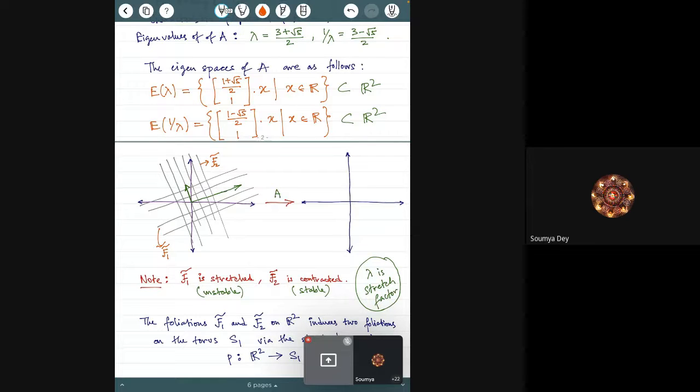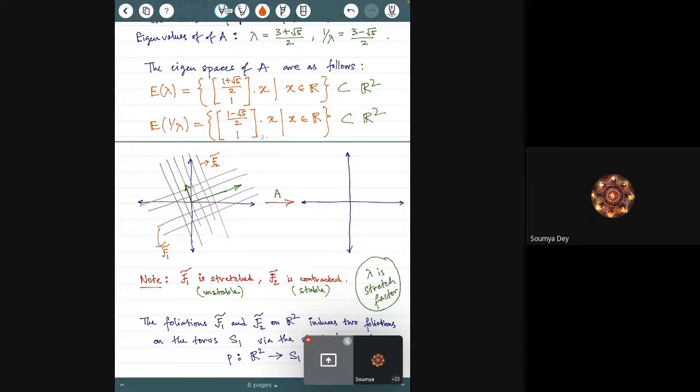One eigenspace gives you all real multiples of the vector ((1 plus root 5) by 2, 1), and the other, which we are calling E of 1 by lambda, gives you all real multiples of the vector ((1 minus root 5) by 2, 1).